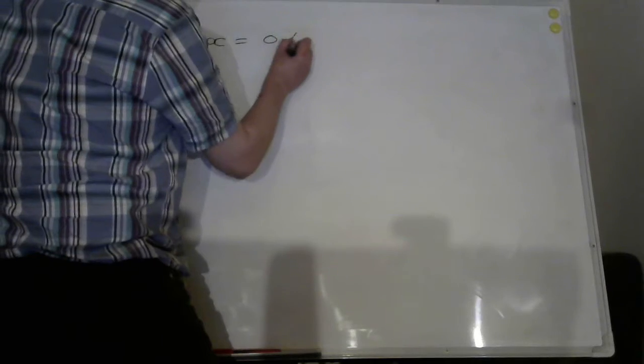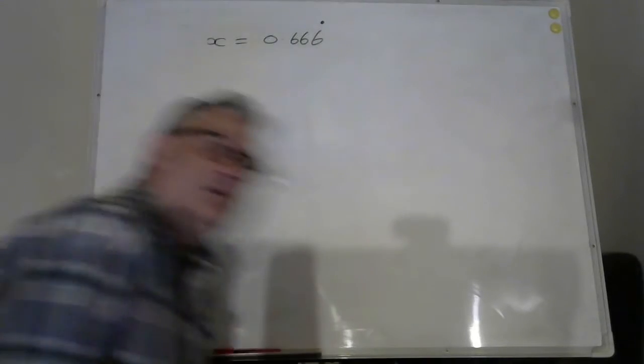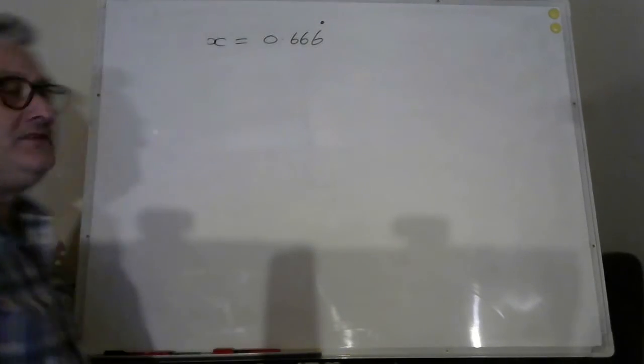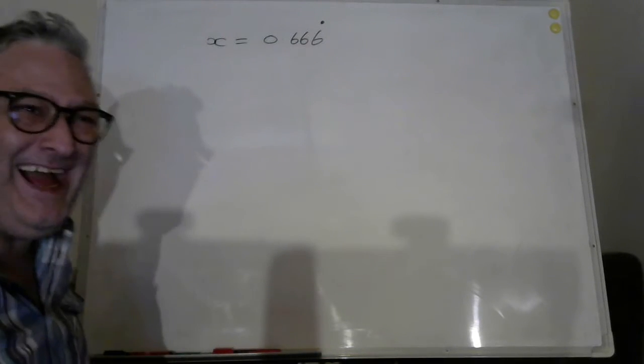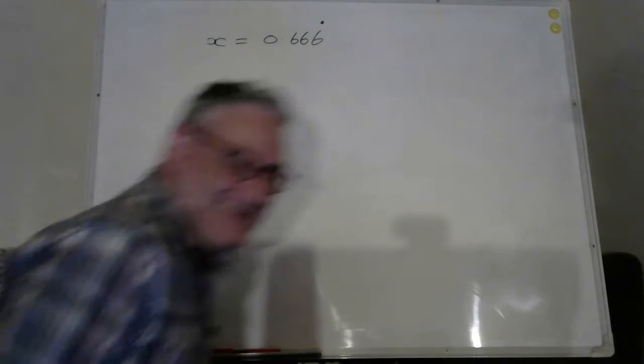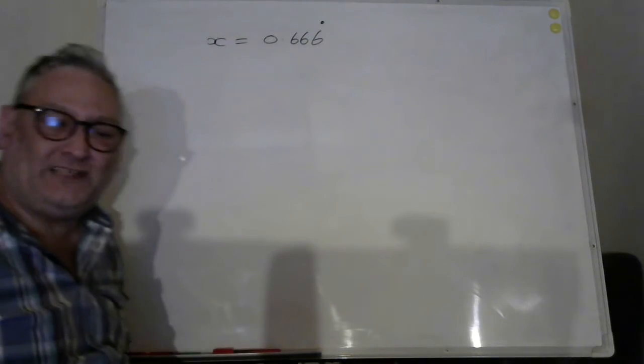So what about if we have x equals 0.666 recurring? Oh, that's an interesting number, isn't it? Yeah. So maybe the devil is in the detail. Okay, what's that as a fraction?